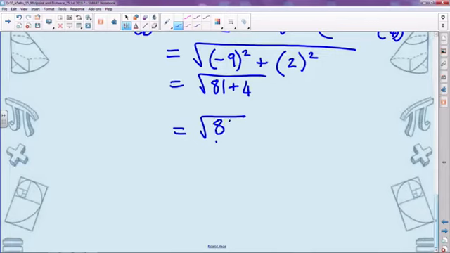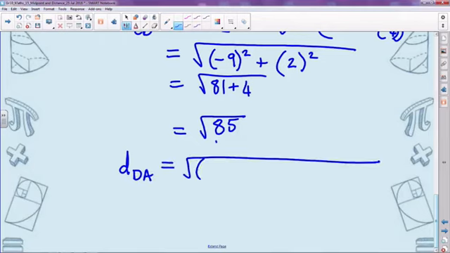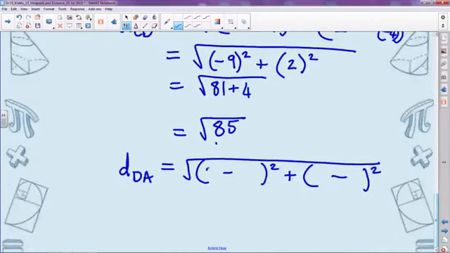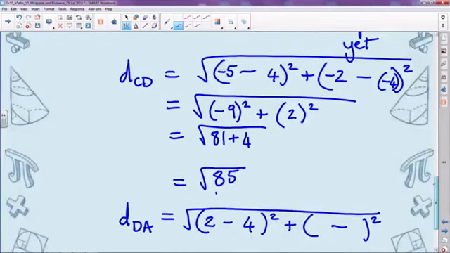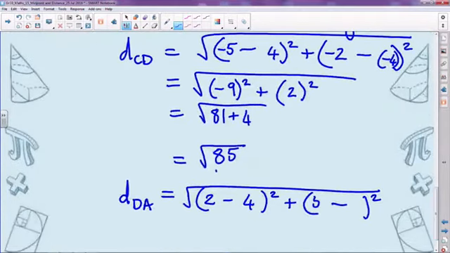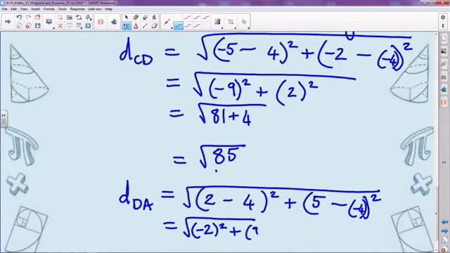Square root of 85. The last distance I need to calculate is the distance of DA or AD. We're going to set it up and put the minus in, and I'm going to scroll up quickly and grab the values 2 and 4, and the values are 5 and negative 4, which means we now have negative 2 squared plus 9 squared.